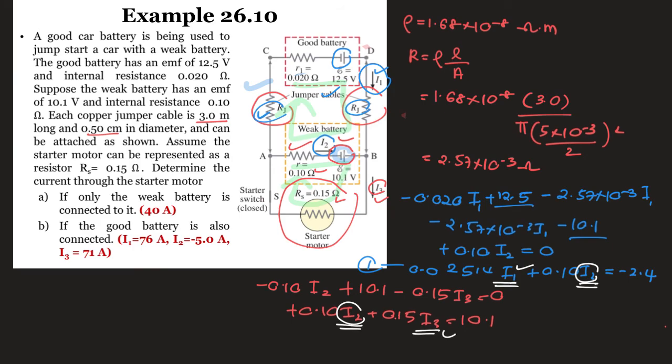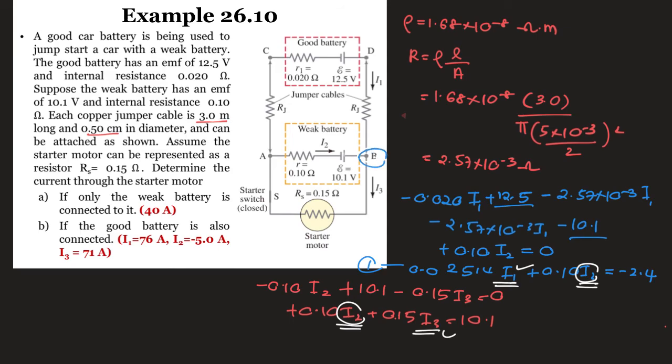But for you to change that, definitely you need to use Kirchhoff's current law. I'm going to choose B as my junction there. The I1 is going into the junction, I2 is also going into the junction, which means both are going to be positive. But I3 is going to leave the junction, therefore it's going to be negative.